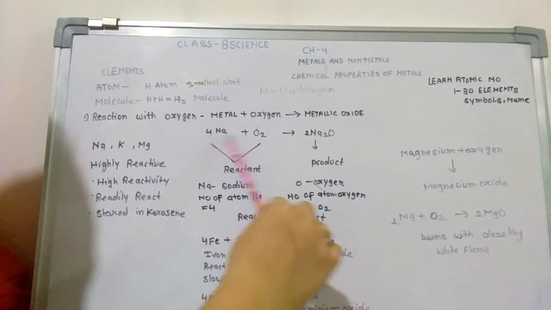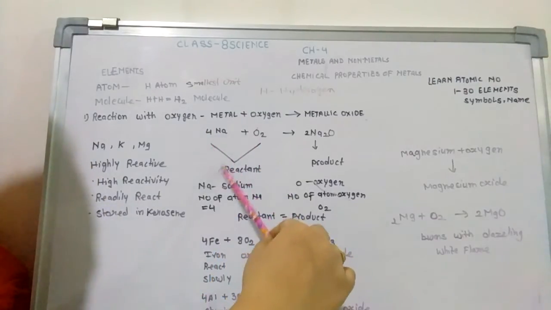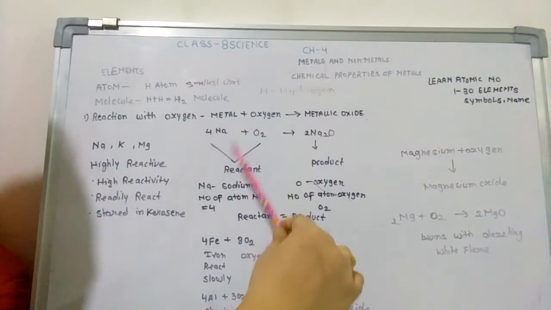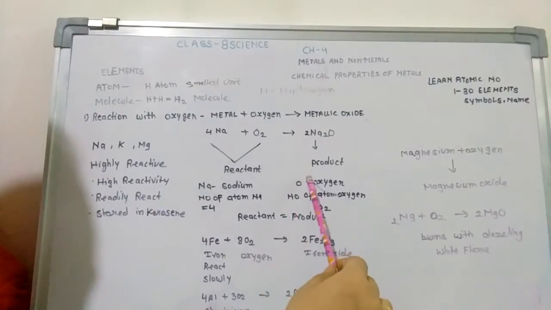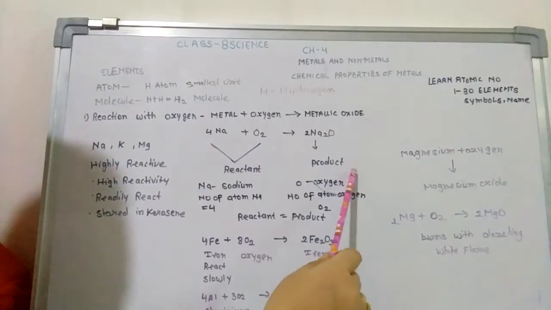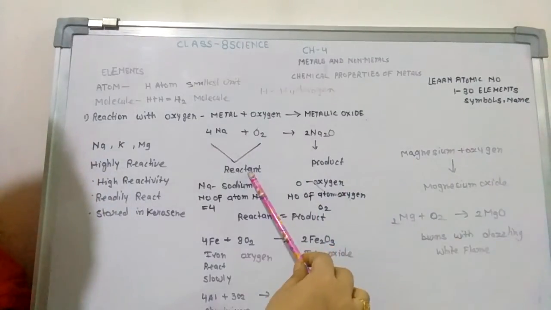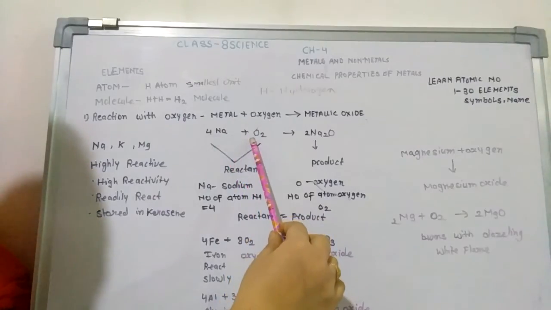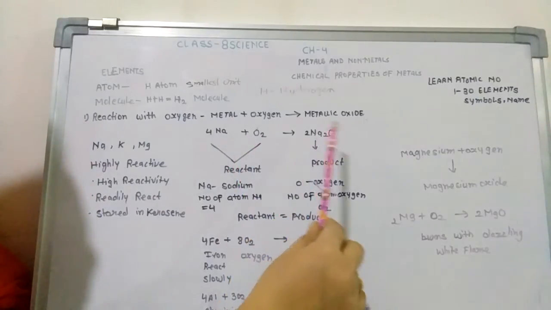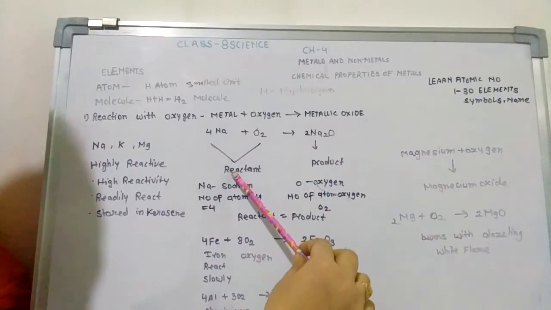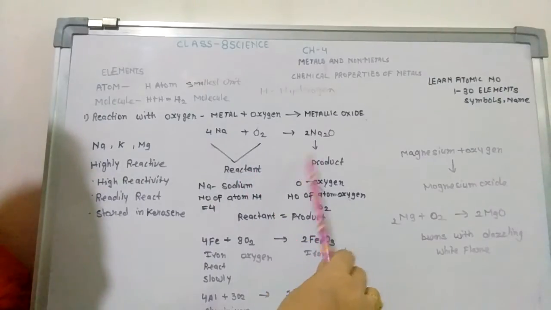The substances that participate in the reaction are called reactants. So here the reactants are sodium and oxygen. What is formed after the reaction is called the product, because it is a chemical change. You have learned that in a chemical change new substances are formed. So 4 Na atoms and oxygen react and form Na2O, sodium oxide. In this type of chemical reaction, the reactant always equals the product.